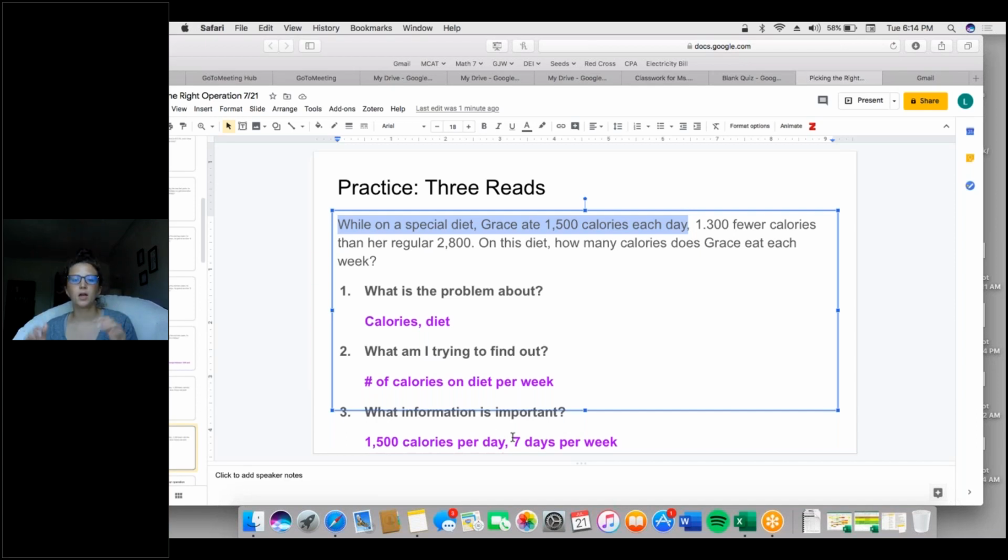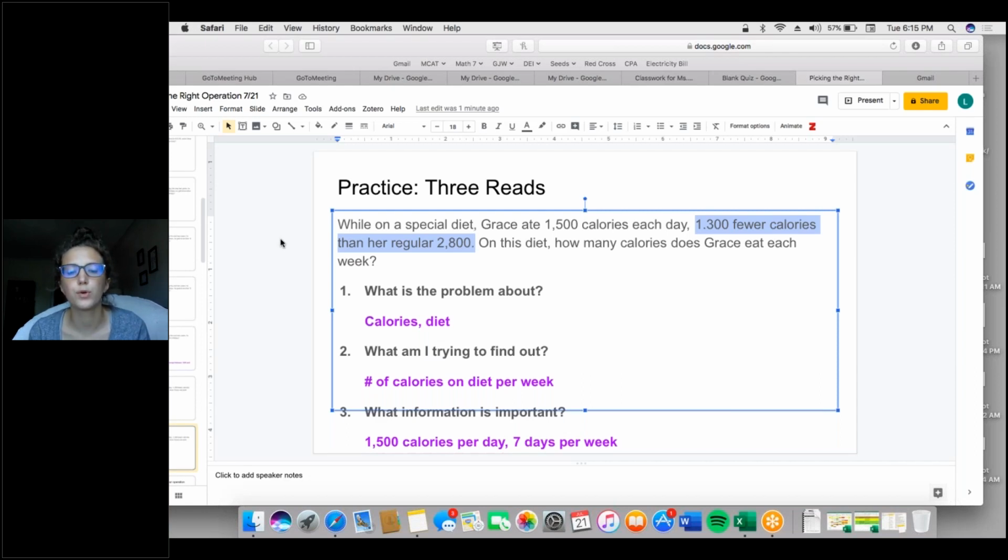Now I'm going to step back. I want to find out the number of calories in the diet per week. Well, if I know something about the days, I can find something about the weeks because I know there are 7 days in each week. And then I'm going to stop. The rest of the information in this first sentence is not important because it's not talking about the diet anymore.